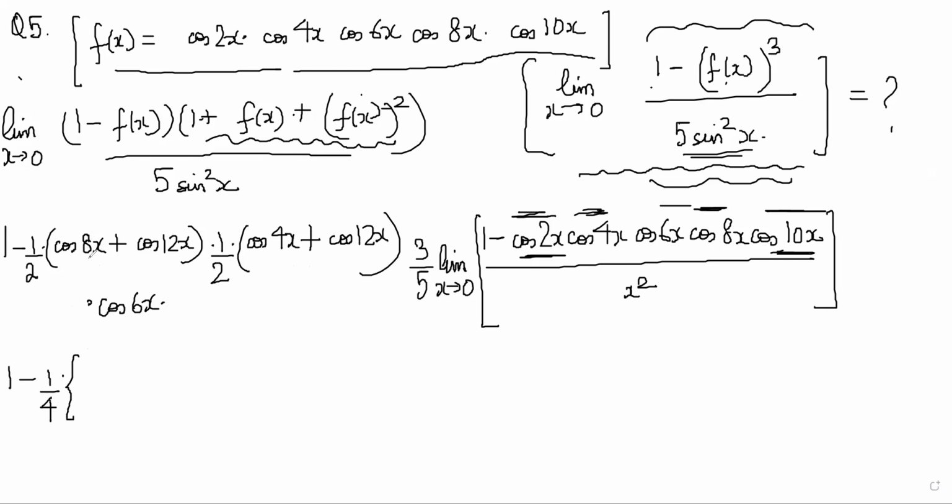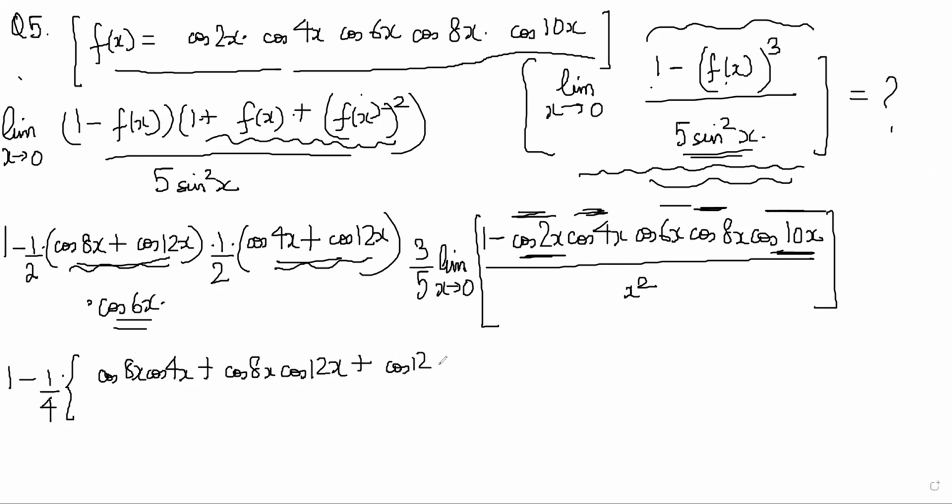Now there are two factors like this and a cos 6x, so let's multiply this and this and split those also: cos 8x cos 4x plus cos 8x cos 12x plus cos 12x cos 4x plus cos square 12x, and multiplied by cos 6x.